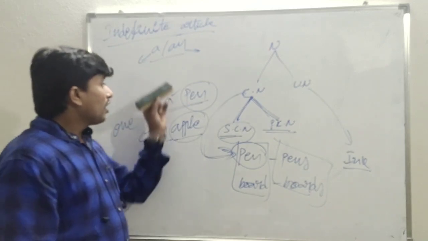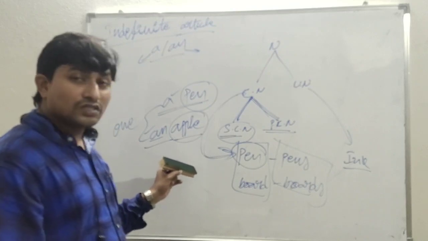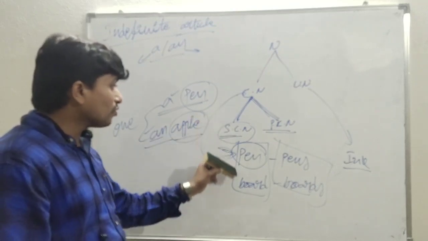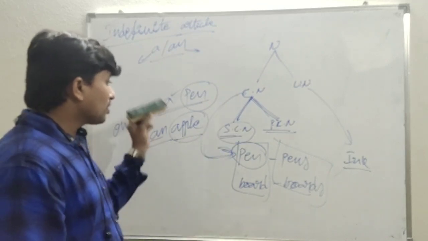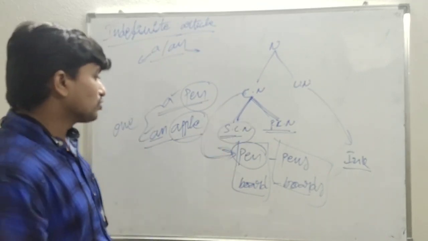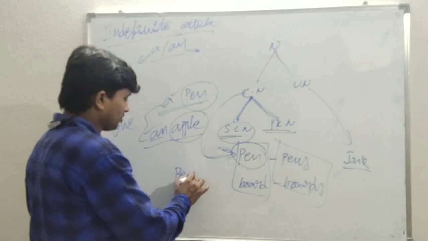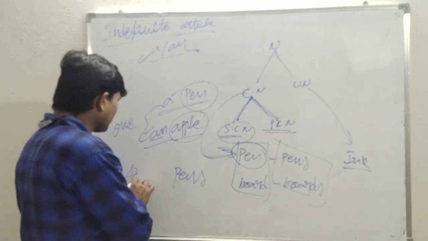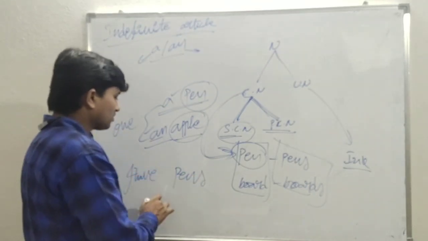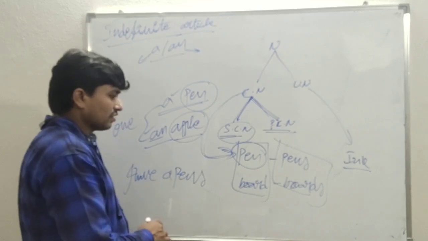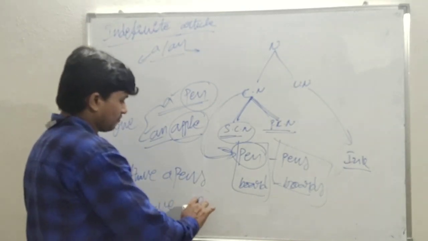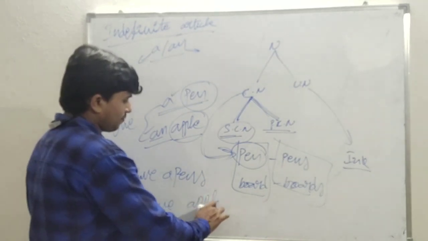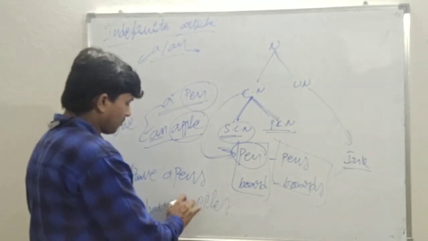So the indefinite article is used in front of singular countable nouns. We are not supposed to use it in front of plural countable nouns. Suppose the example pens: I have pens. We should not use I have a pens. I have apples. We should not use an apples.